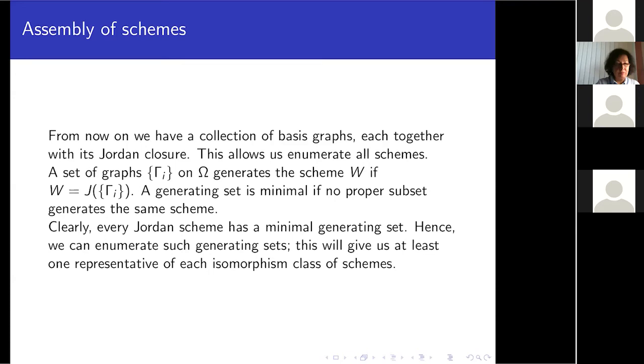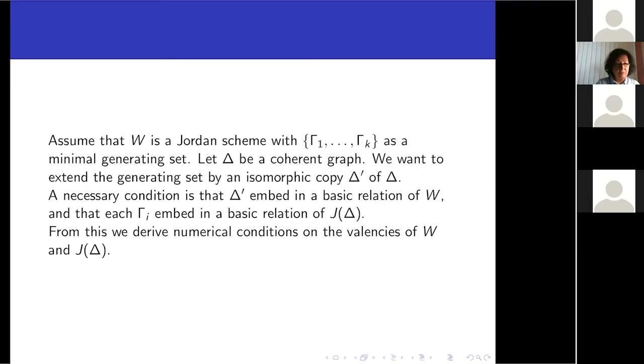Well, we can go into something which I call a minimal generating set. That's a set of graphs that generates a scheme, and no proper subset does. And we can enumerate those, and we have to see how we can add a new graph to such a generating set in order to get a new minimal generating set for another scheme.